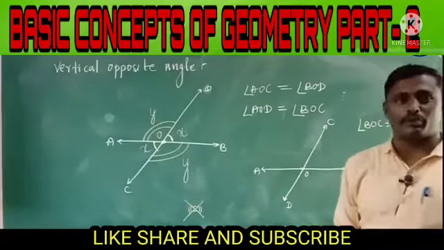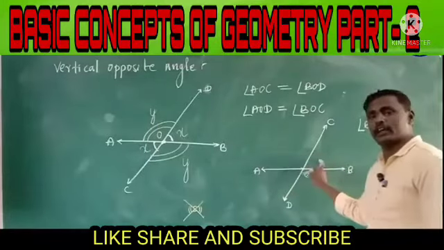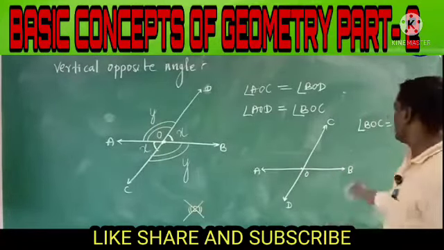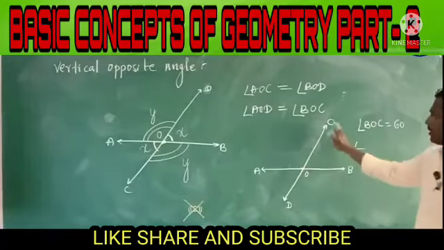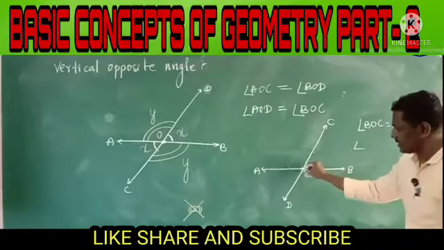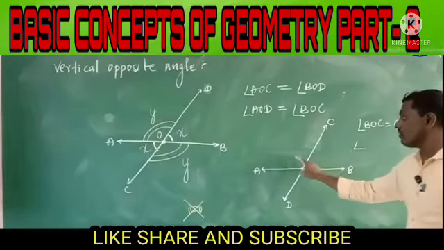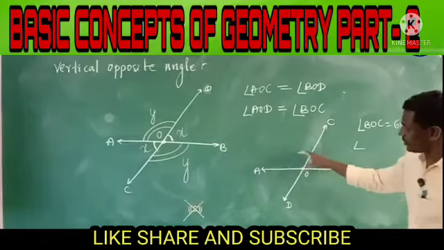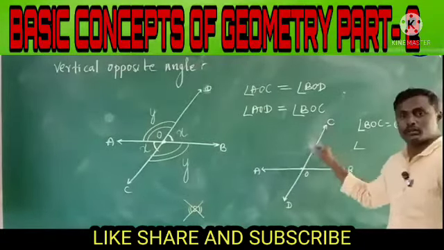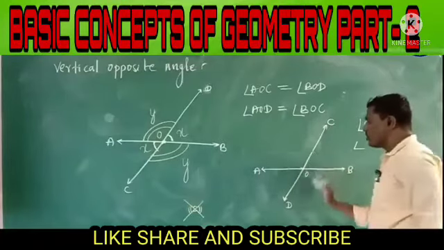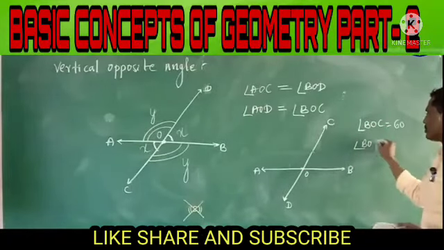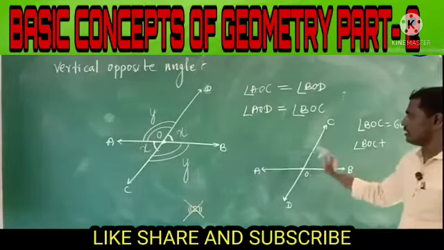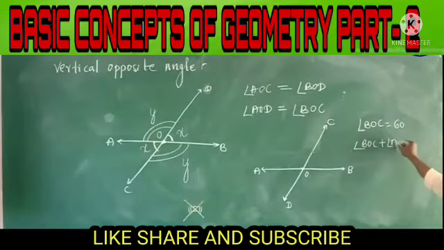We already know the linear pair: the sum of two adjacent angles is equal to 180 degrees, right? First calculate this one, AOC. These two straight lines intersect at point O, and it forms the vertically opposite angles. After finding this angle, the opposite angles are exactly equal. So angle BOC plus angle AOC is equal to 180 degrees.